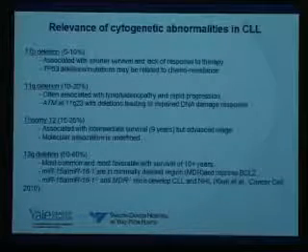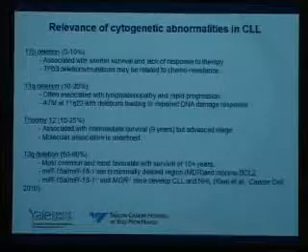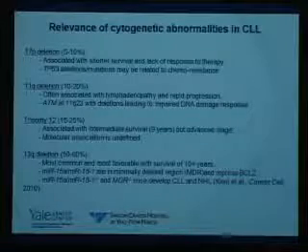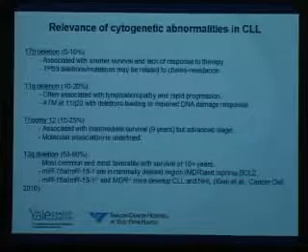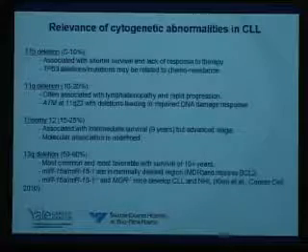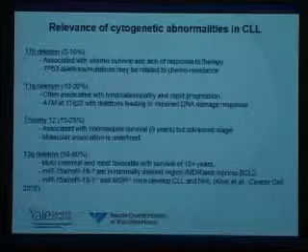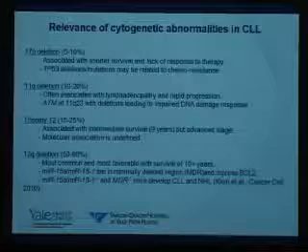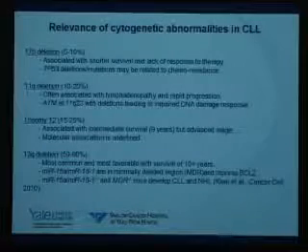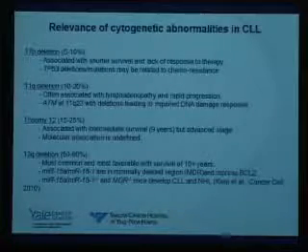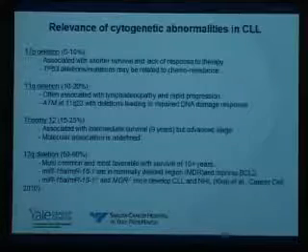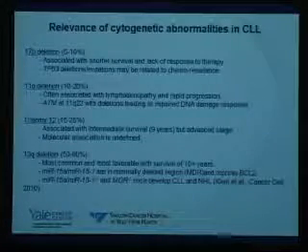Trisomy 12 is relatively common in CLL with intermediate survival, but patients often present with advanced stage disease. The molecular association with trisomy 12 remains undefined. 13q deletions, as I mentioned, are the most common and most favorable, and have attracted a lot of attention as of late because of the identification of several microRNAs within the minimally deleted region.